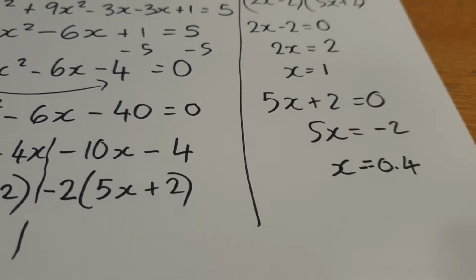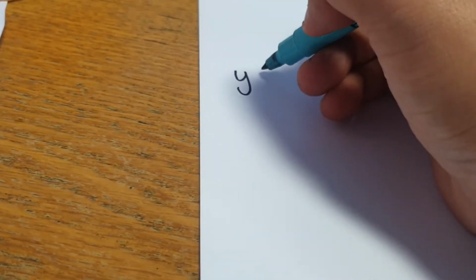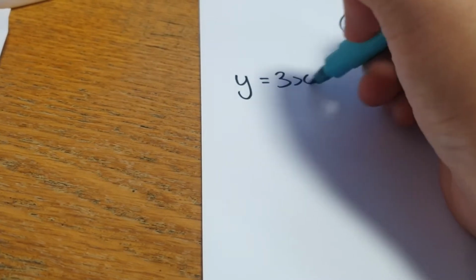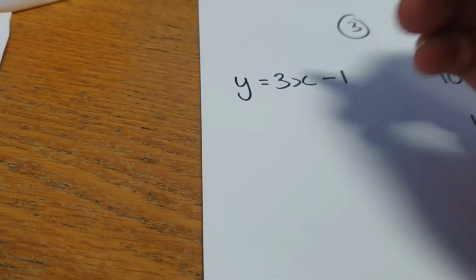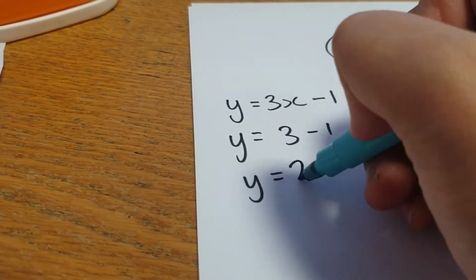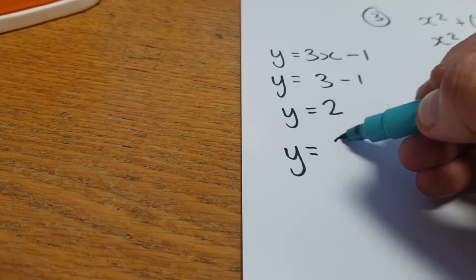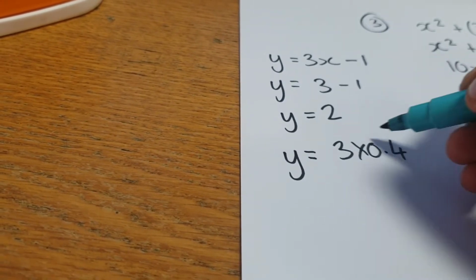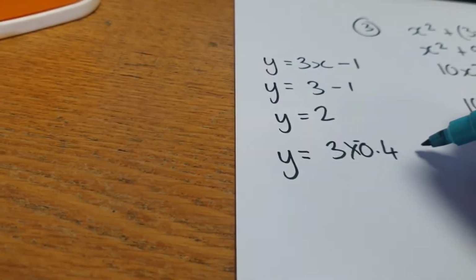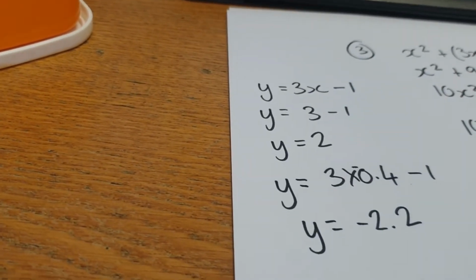Okay, when you substitute it, pick one. It's easier to pick the linear one. So y equals 3x minus 1. So when x is 1, y is going to be 2. But when x is minus 0.4, y is going to be minus 2.2.